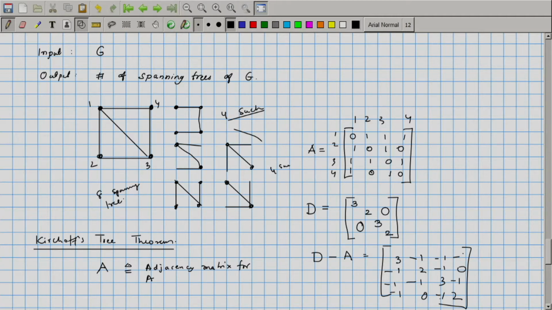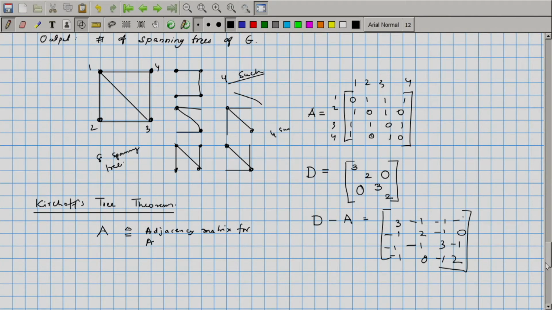Okay. So, this matrix D minus A in general is going to be, for any undirected graph, a matrix whose determinant is 0, because if you add up any row, for that matter any column, it is symmetric, you will get 0, because for each edge there is a -1 and you have the degree on the diagonal.